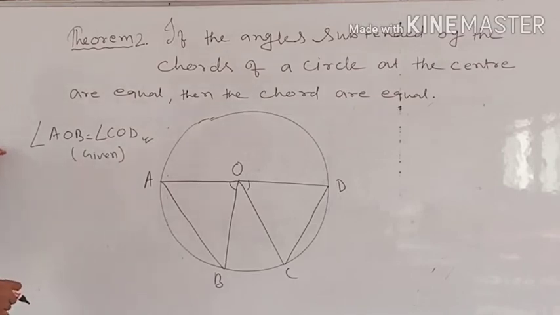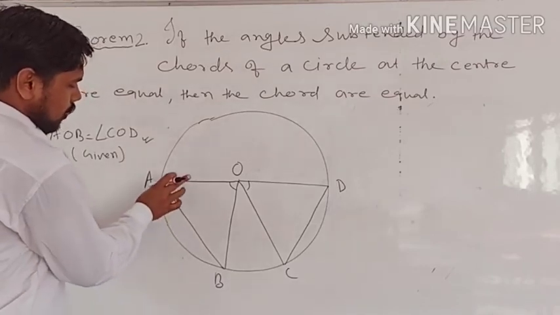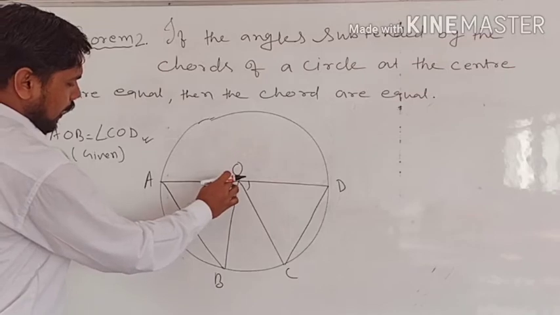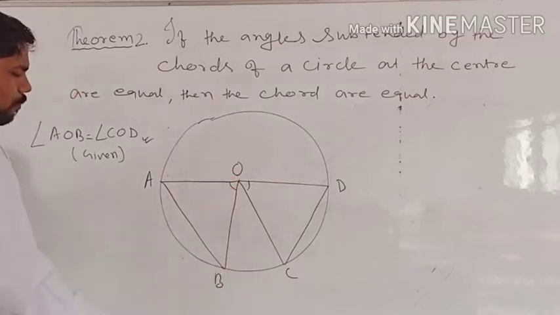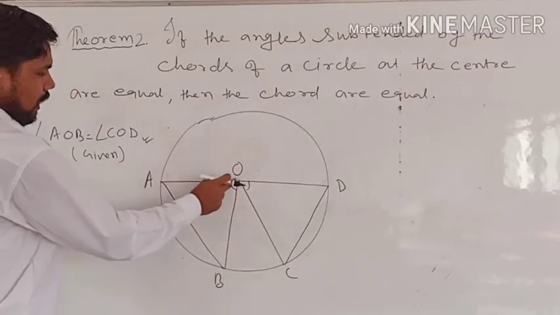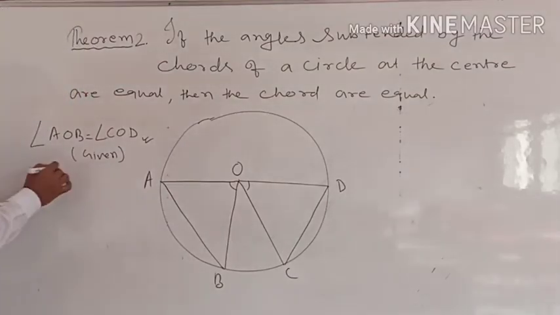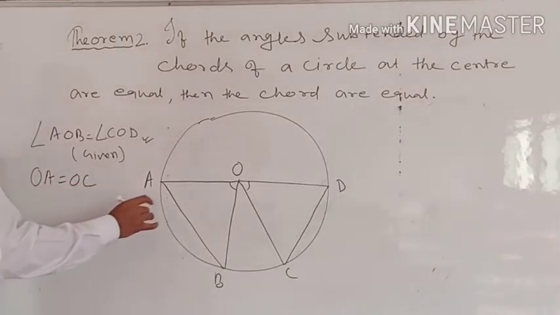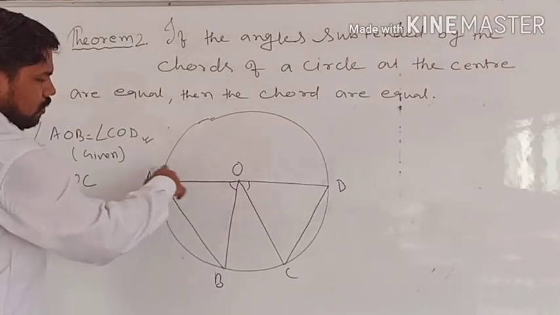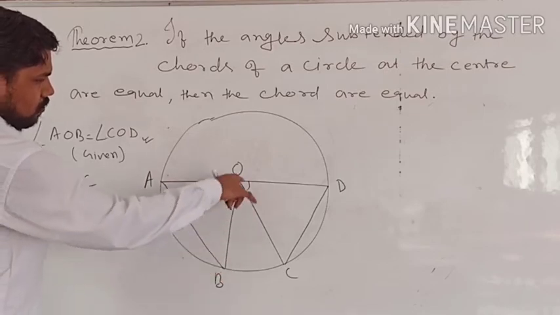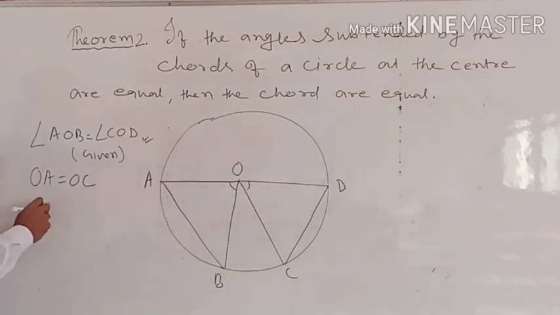Now we see OA and OB, these two are the same. So OA and OC we will take, as in the previous one, or AO and CO. So OA is equal to OC, and OB is equal to OD, as in the previous one.